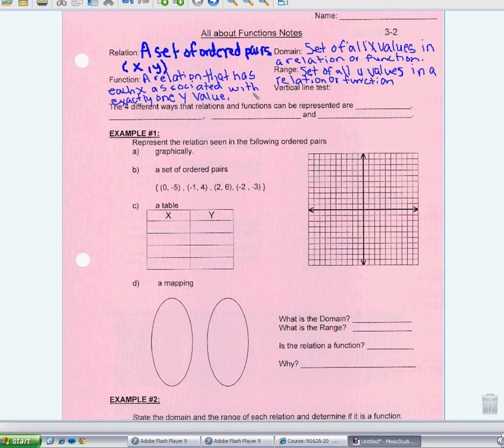Vertical line test. Okay, a relation is a function if a vertical line touches the graph at most one point at a time.